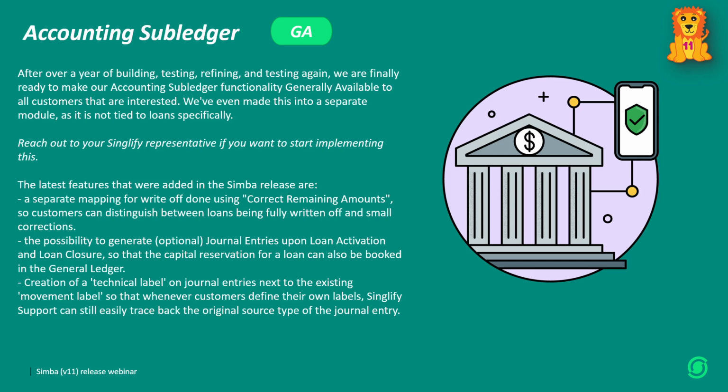The latest features that we've added in the Simba release are a separate mapping for write-off done using the correct remaining amounts functionality, so customers can distinguish between loans being fully written off and small corrections. Also, we added the possibility to generate optional journal entries upon loan activation and loan closure, so that the capital reservation for a loan can also be booked in the general ledger.